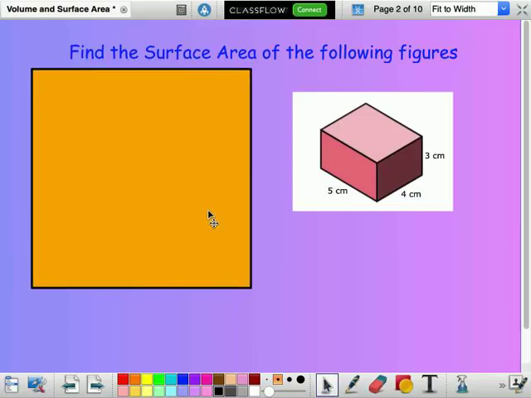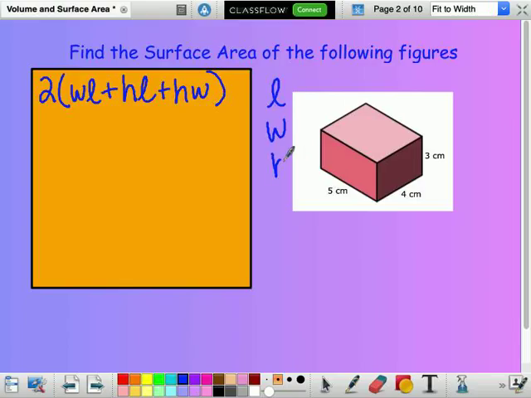All right, so now I have this rectangular prism. This one's easier. We have 2 times, plus H times L plus H times W. All right, from this formula, I need the length, width, and height.